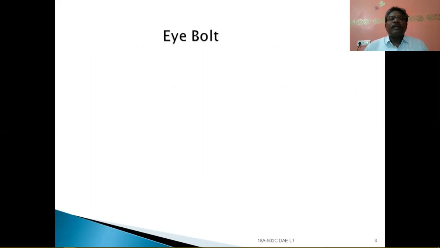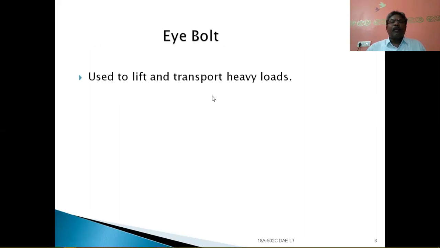First of all, let us see the eye bolt. This eye bolt is generally used to lift and transport heavy loads.